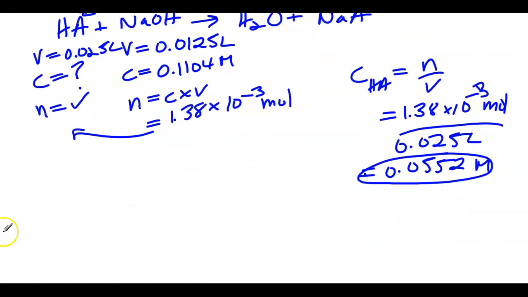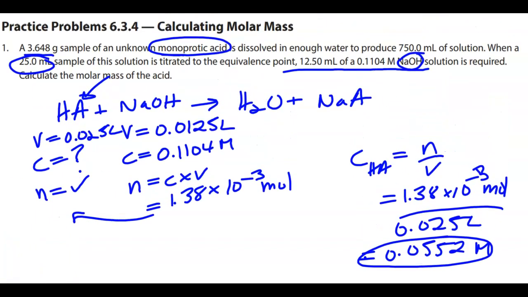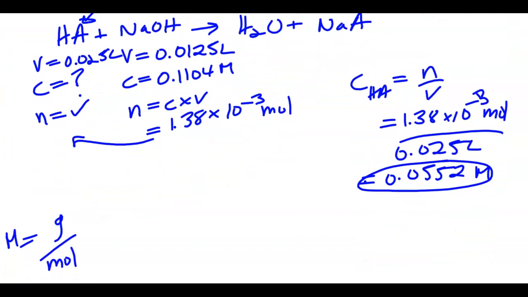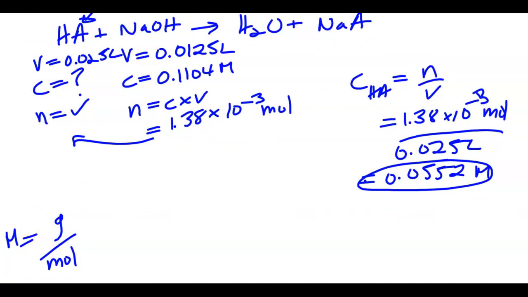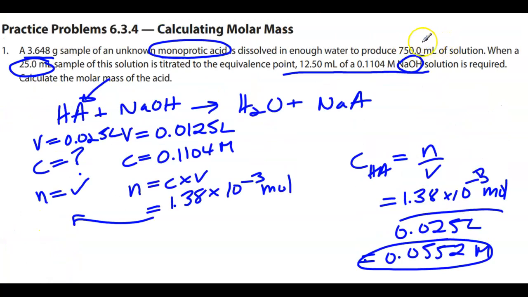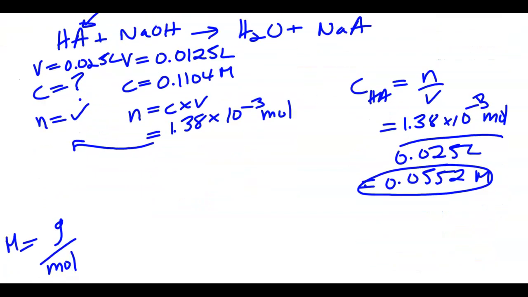Okay, so now this concentration is for the solution that was made. But ultimately we want to know what is the grams per mole for that compound, right? The molar mass. So we have the gram value given, but we need the mole value of the original solution. Like how many moles went into that 750 mL?